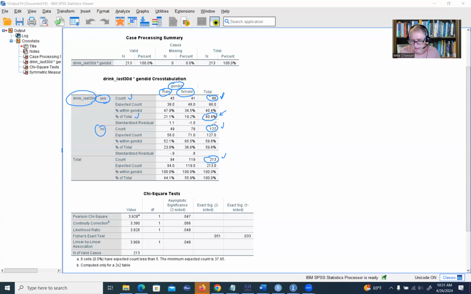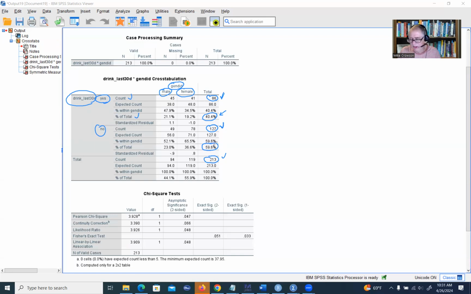If we take the frequency for nos, 127, divided by the total and multiplied by 100%, that gets us 59.6%. So 59.6% of individuals sampled indicated no, they have not had a drink over the last 30 days.